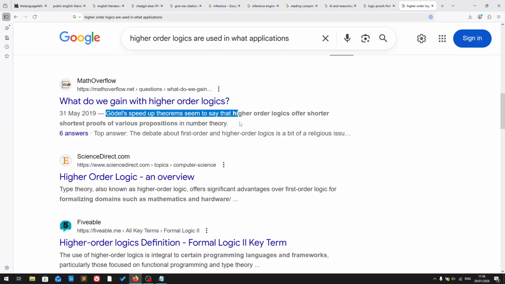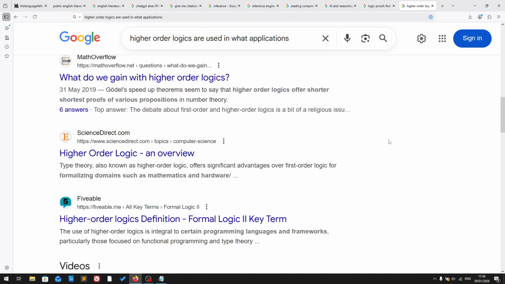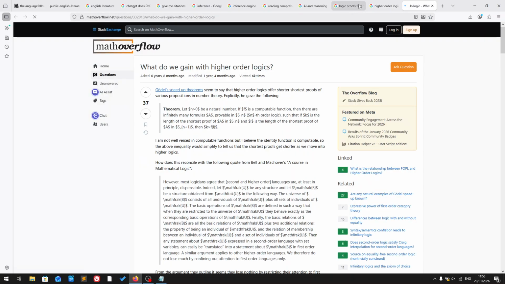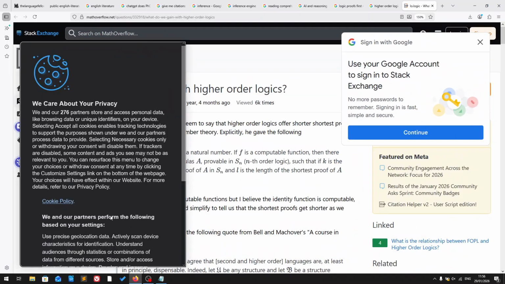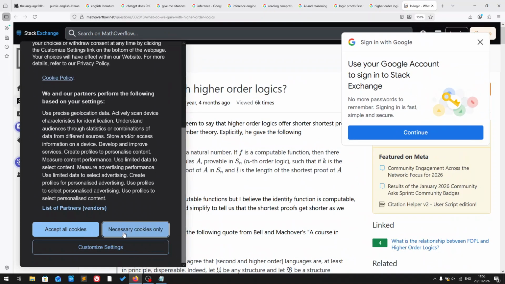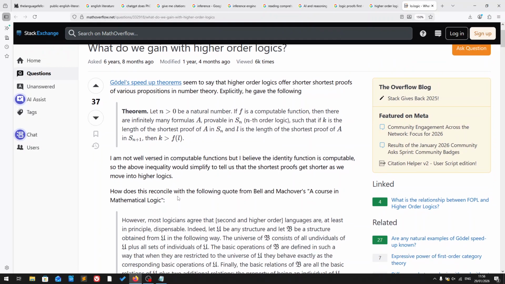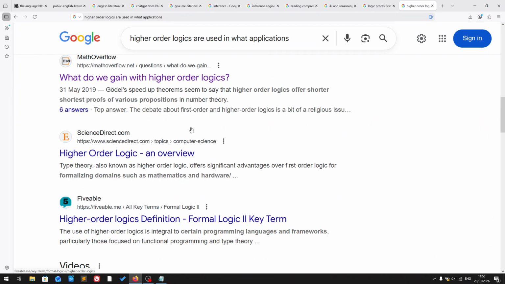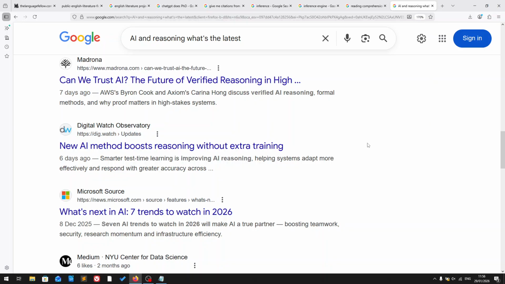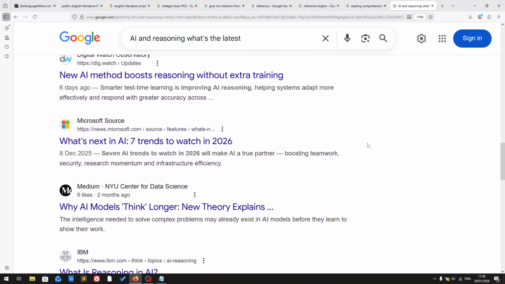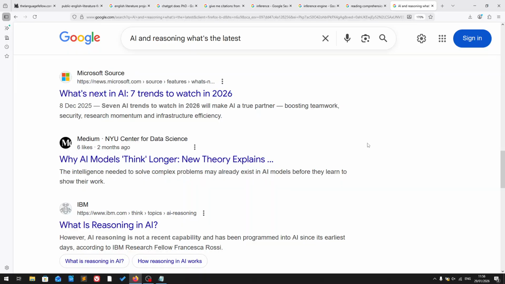Now, this is a lot of mathematics. That's what I'm saying, and the interest, the numbers, the determination, all of these things get affected when we are talking about such things. Yes. So anyway, you get the point. And you can see there's a lot on it to be studied. What's next in AI? 7 trends to watch in 2026. We can look at this for sure.